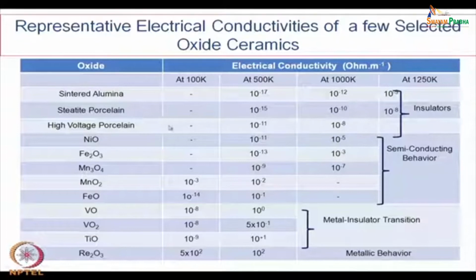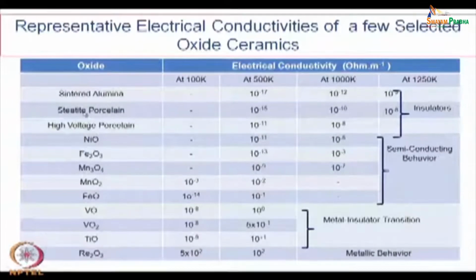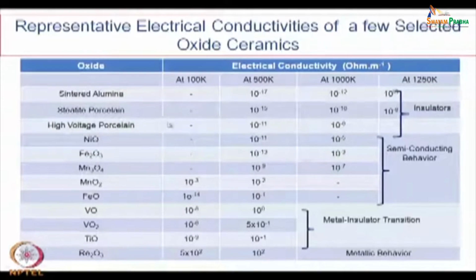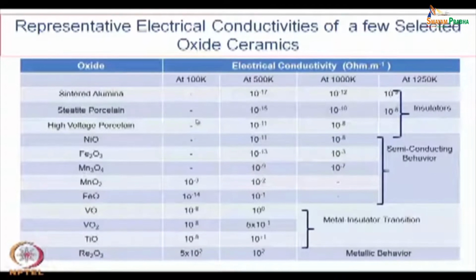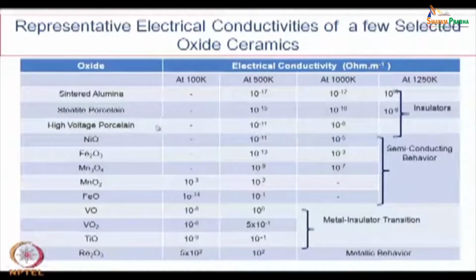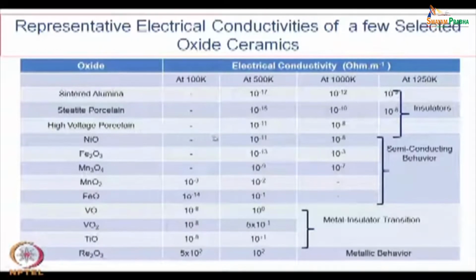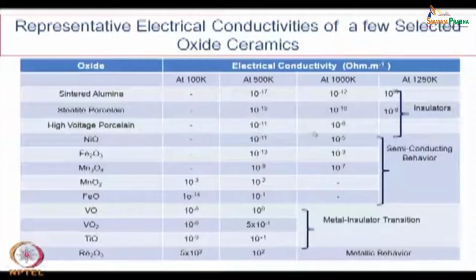So also the complex compounds like steatite porcelain, magnesium silicate, which is very extensively used in industry as an insulator. Then of course, the so-called high voltage porcelain used in transmission lines.